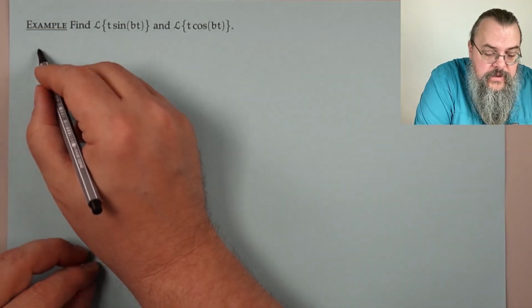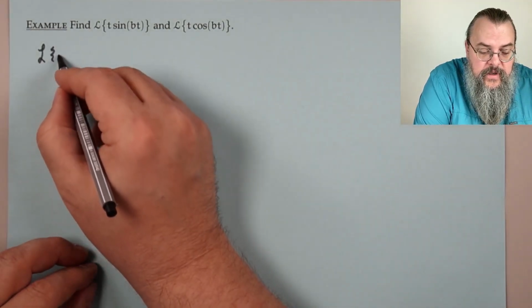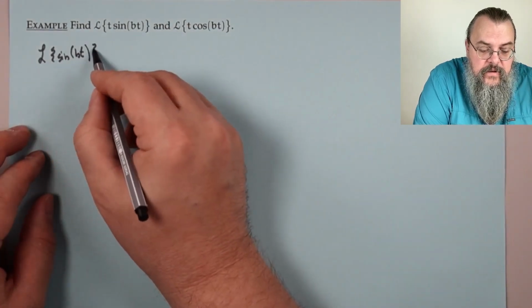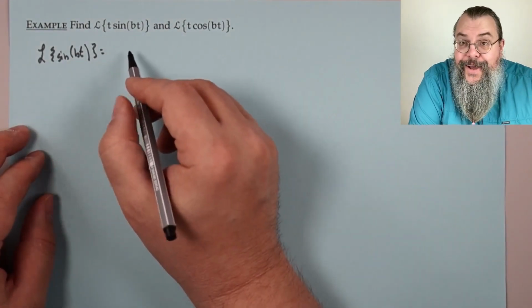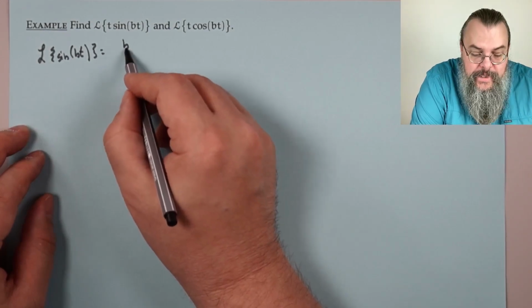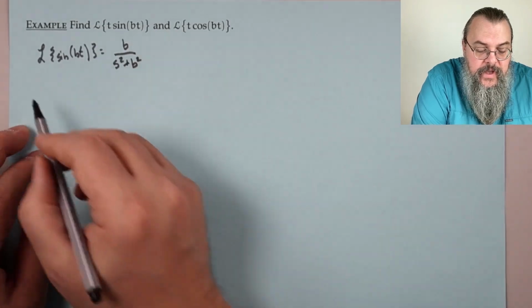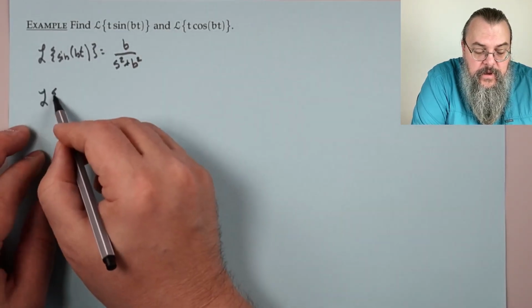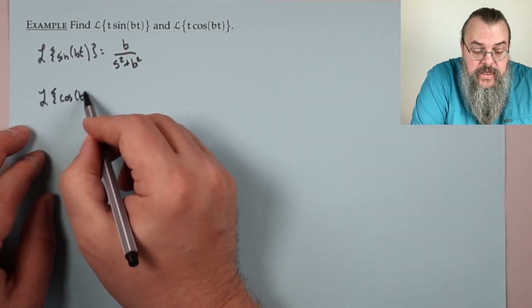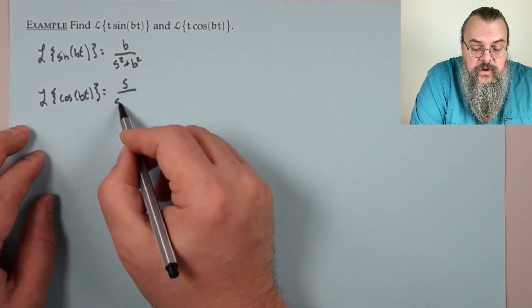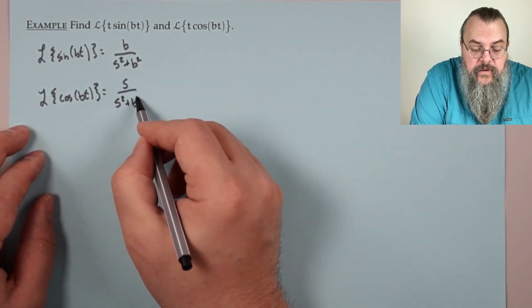We already know that the Laplace transform of sine of bt is, all together now, that's right, b over s squared plus b squared. And the Laplace transform of cosine bt, similar, is s over s squared plus b squared.